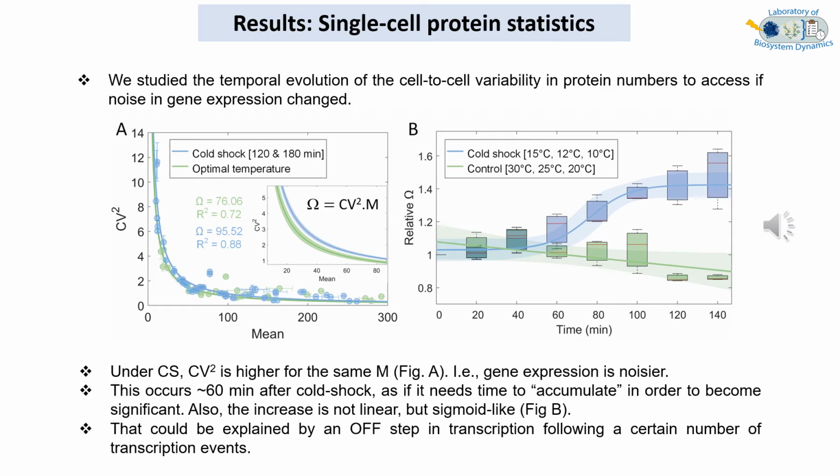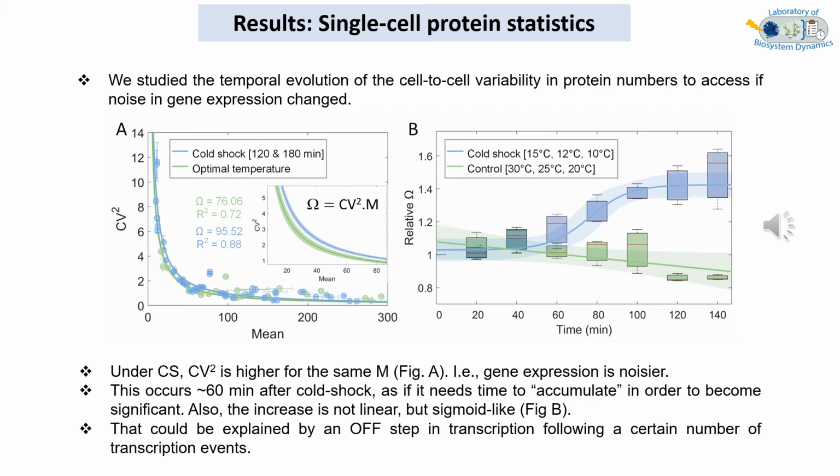We compared how the mean relates to the coefficient of variation in protein numbers in individual cells for all these proteins, both in optimal temperature as well as under cold shock, 120 minutes after cold shock and 180 minutes after the cold shock. And we verified there was no change between 120 and 180 minutes, so we compiled that into the same and compared to the optimal temperature.